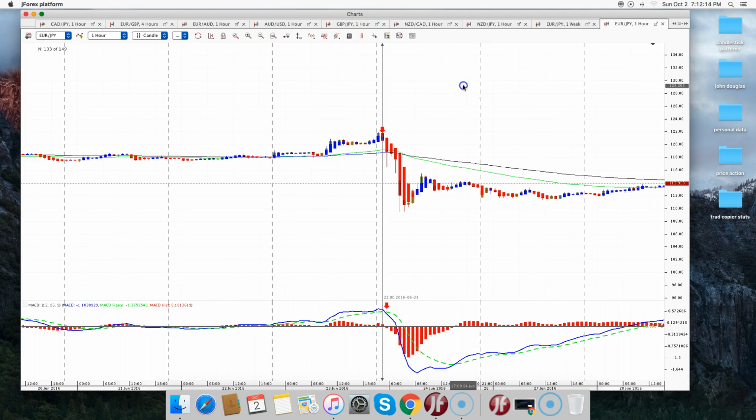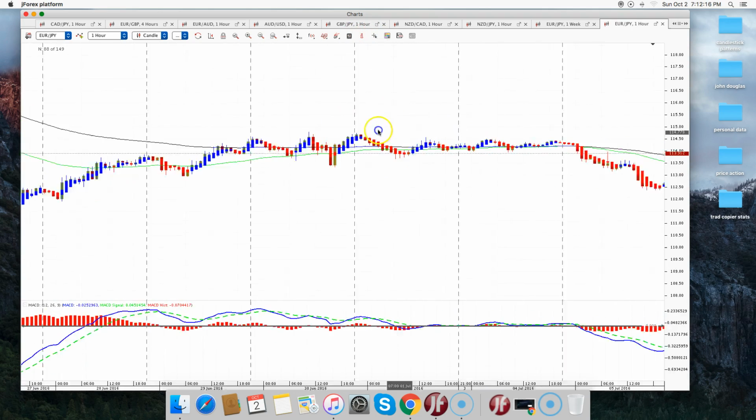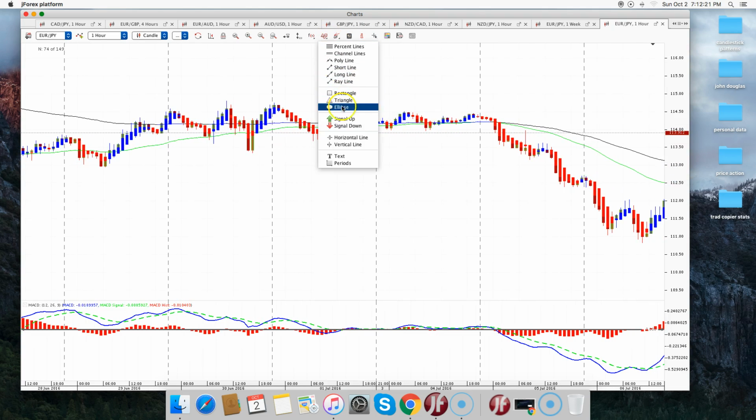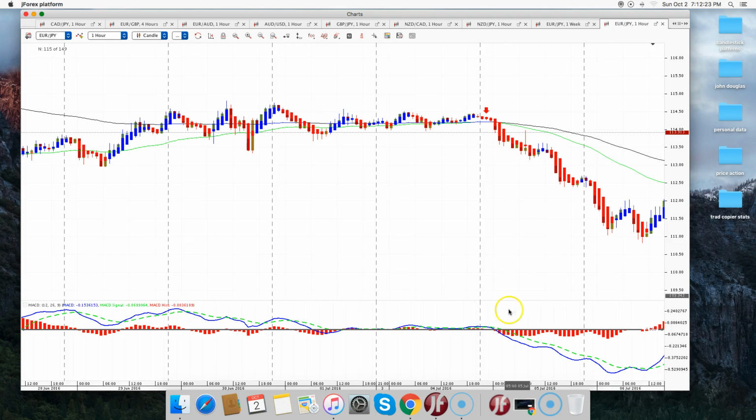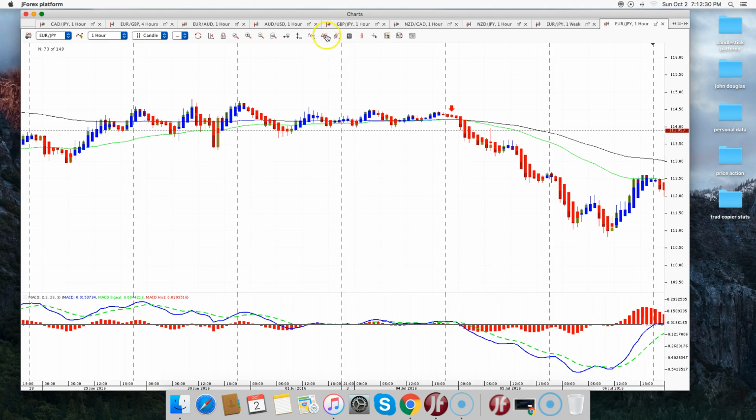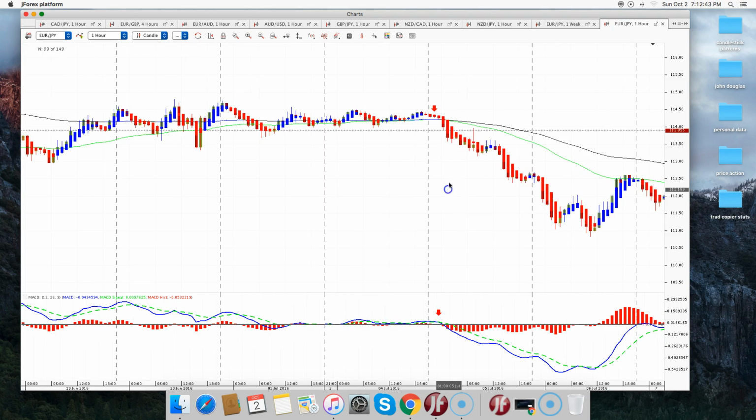Okay, so let's look again for opportunities in the direction of the daily chart: Heiken Ashi candles, 150 moving average line, and MACD. So here's another trade. Obviously the market's in a downtrend. We checked before doing our top-down analysis that the market's in a downtrend, so we're looking on the 1-hour chart for trade alerts in the direction of the daily chart.